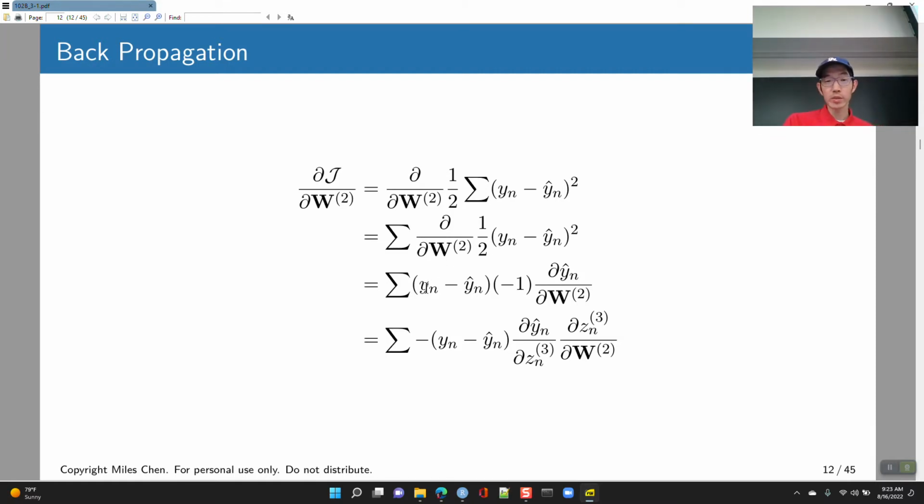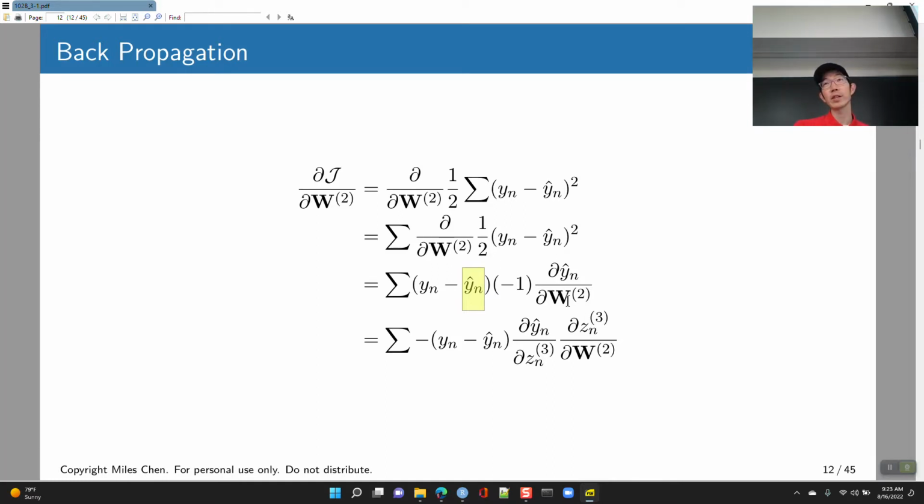We ask, does y sub n change with respect to W2? And the answer is no. y sub n is our actual values in our data, and if I change my weights, that doesn't affect the actual values. But our predicted values do. Our predicted values y hat sub n do change if I change the weights in this second weight matrix.